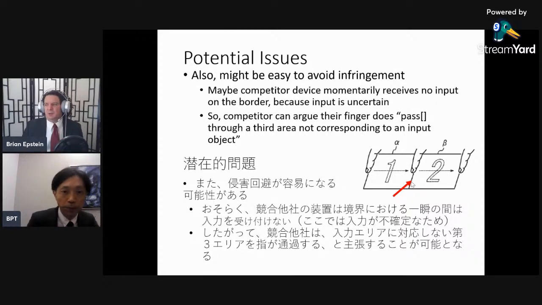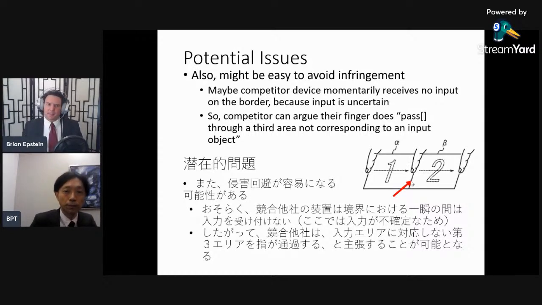And the reason they do it is because the input is uncertain, right? I don't know if I'm in alpha, this portion that's labeled 1. I don't know if I'm in beta, this portion labeled 2. So when we get to this border area, we're just not going to receive any input because it's not clear which one we're supposed to be in.